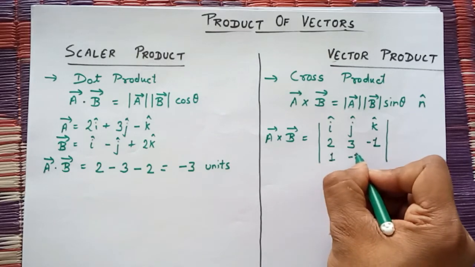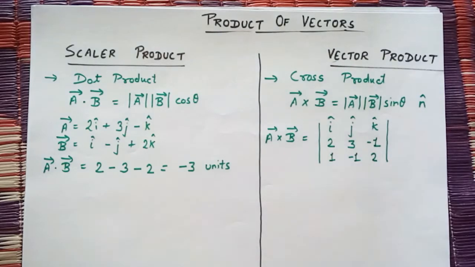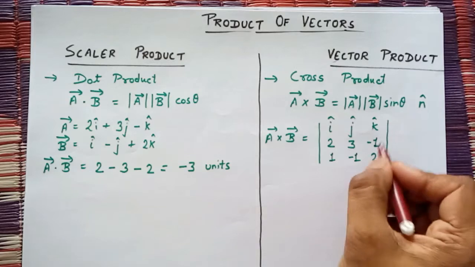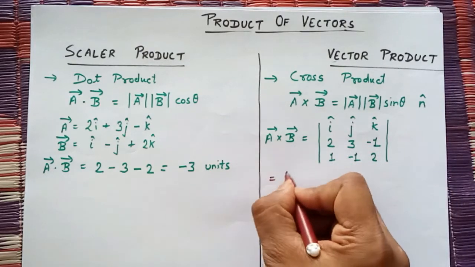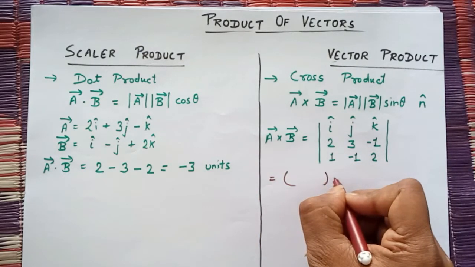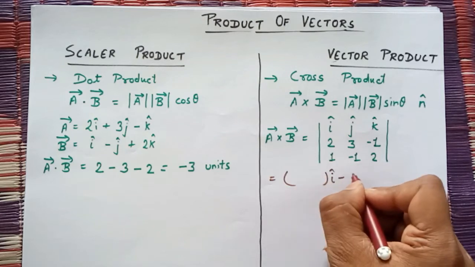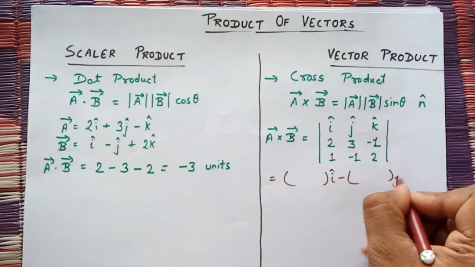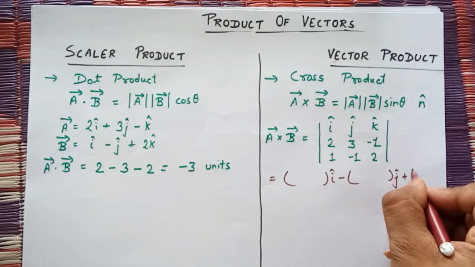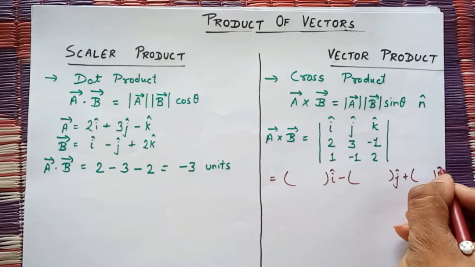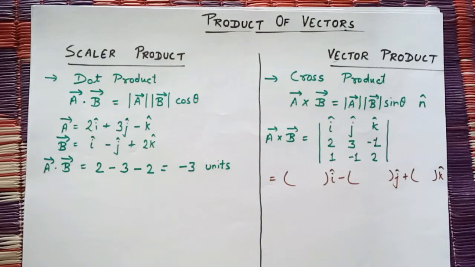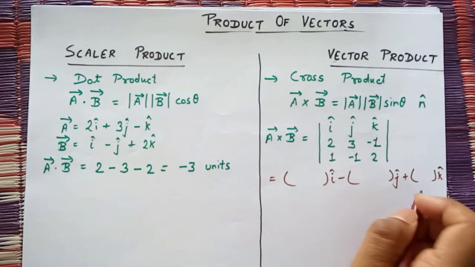Now how to solve this? i cap minus j cap plus k cap. This is the basic thing which we will write in every question.